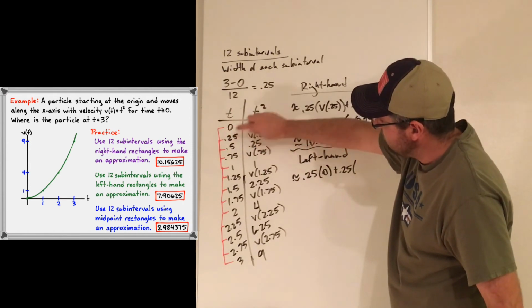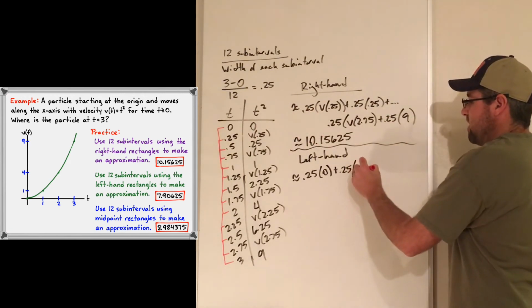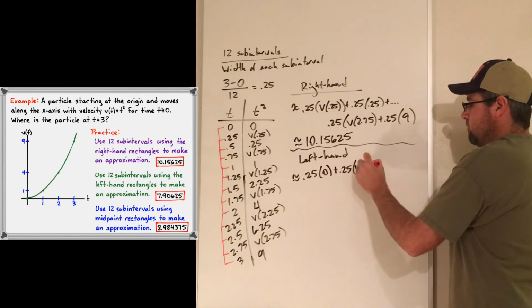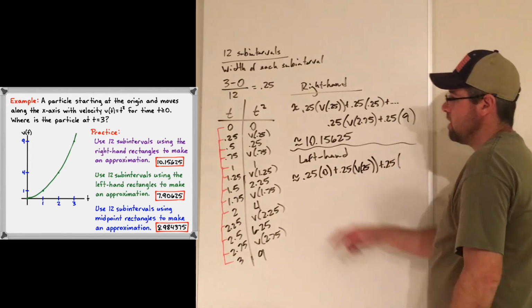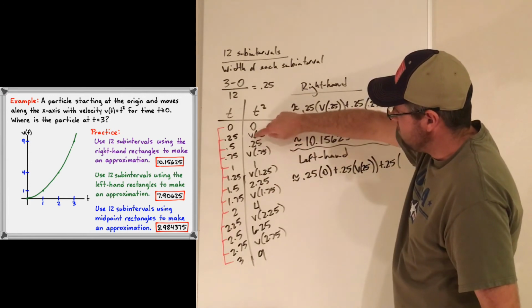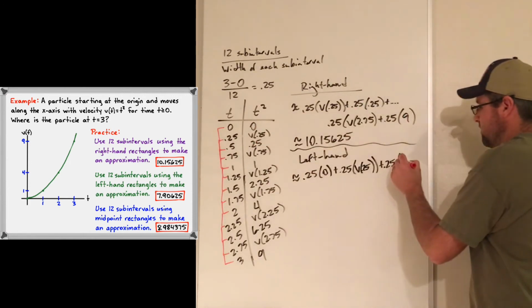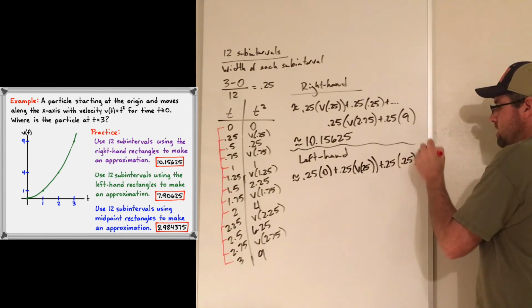So which one's on the left? The left-hand one is the first one. So it's V of 0.25. V of 0.25 plus 0.25 times between 0.5 and 0.75. The one on the left is going to be the V of 0.5, so 0.25. And then plus dot, dot, dot.